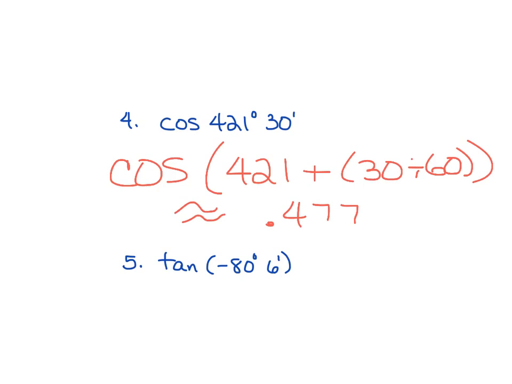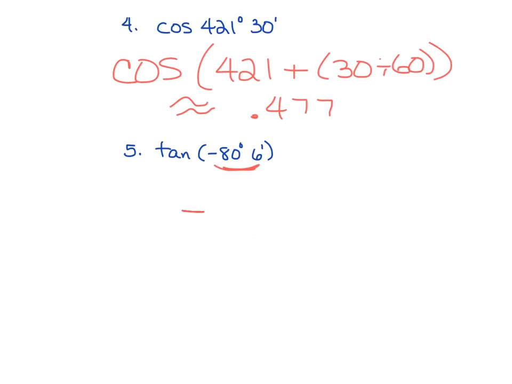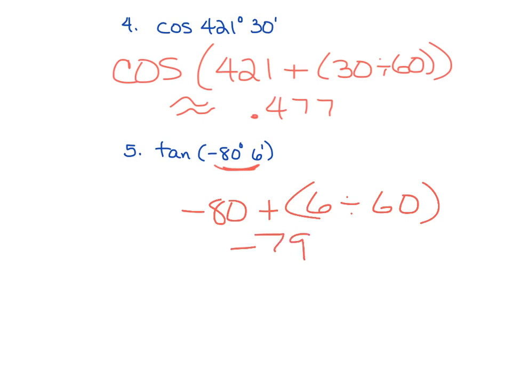Now the next one's a little tricky. You have to be careful when you key this in because this whole amount is negative. So if you put it in your calculator as negative 80 plus 66 divided by 60, this is going to give you a negative 79 number. What we need to do is make the minutes also negative when you key it in your calculator.